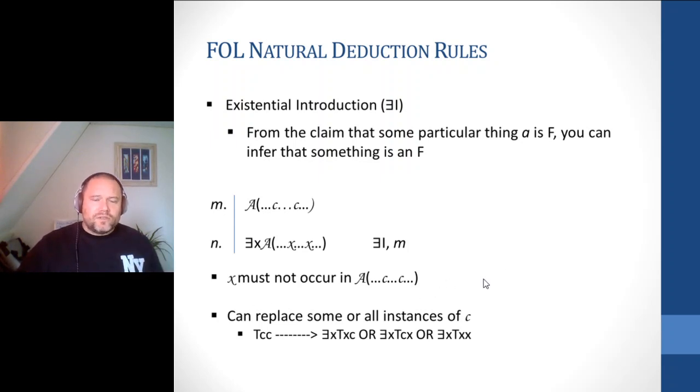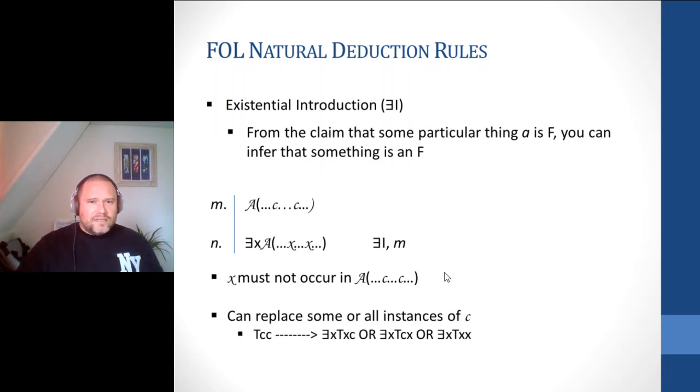The only restriction we have here is that the variable we replace the name with must not already occur. This really is just to ensure we don't have a clash of variables.